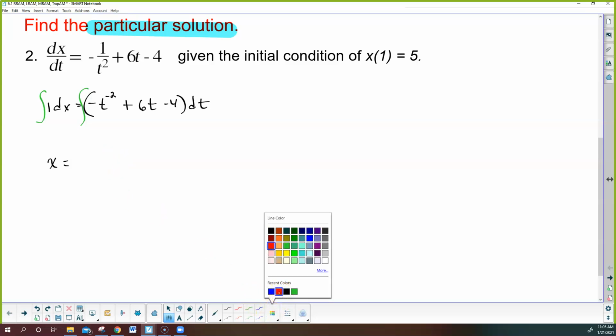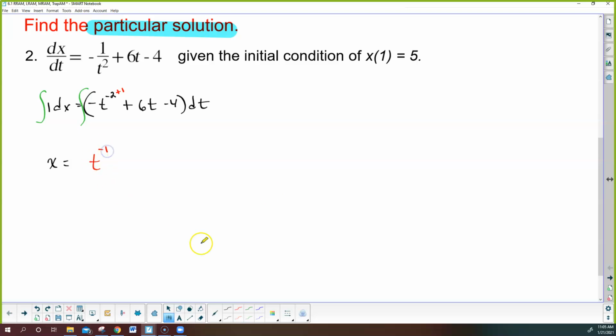All right, so here's how I like to do these power rule ones. I'll show you with all of these. These aren't anything special, but I know that if I'm going to do the antiderivative, I need to add 1 up top. That's going to give me t to the negative 1. Notice, we had the negative there already, and you can think of that as a negative 1.